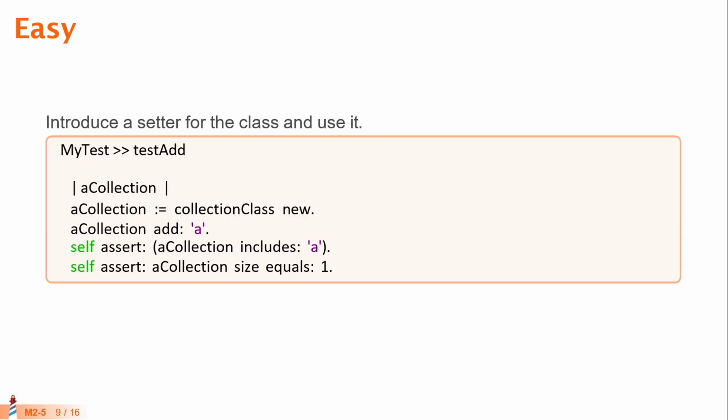The first change we can do is to introduce an instance variable holding the collection class that we are testing. We are going to execute this test with many collection classes. We are going to create many kinds of different collections, and we are testing them all with the string, to see if we can put a string inside and if the size is correct.